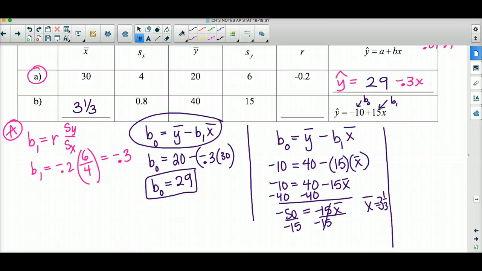Okay, now we need the R. And the equation that you have tells you that B1 is R times S sub Y divided by S sub X. So my B1 is 15. My R, I don't know, so I'm just going to call it R. And then my S sub Y divided by S sub X is 15 divided by 0.8.